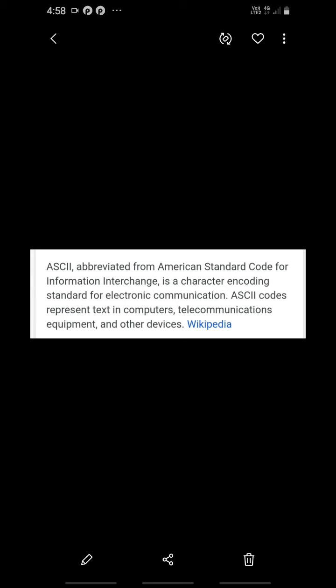So now we'll explain about the ASCII code. ASCII stands for American Standard Code for Information Interchange. It is a character encoding standard for electronic communication. ASCII codes represent text in computers, telecommunication equipment and other devices.